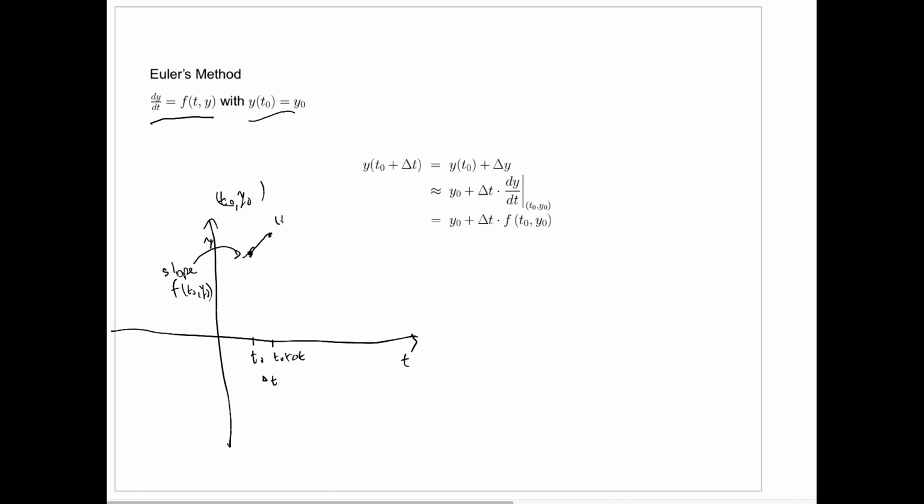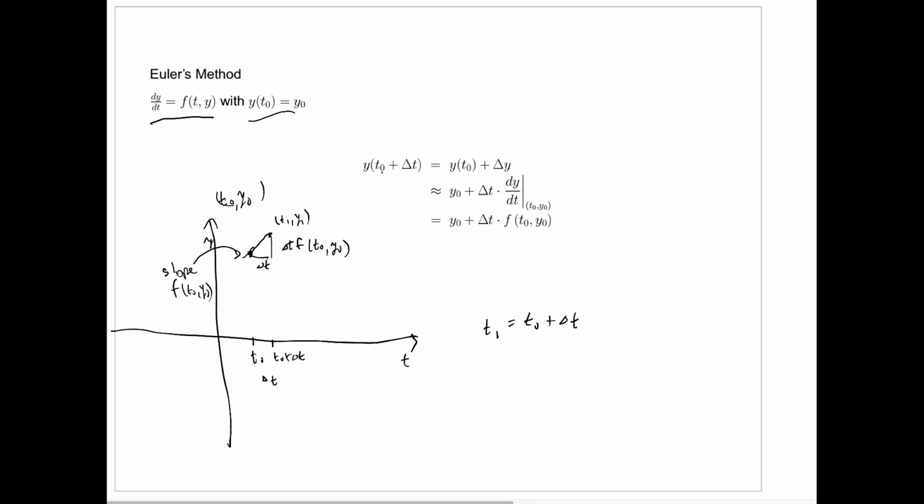I'll call this point t1, y1, where now t1 is just t naught plus delta t. We've just moved over by an amount delta t to the right. That's this amount, delta t. And this amount here is just precisely delta t times the slope, f of t naught, y naught.